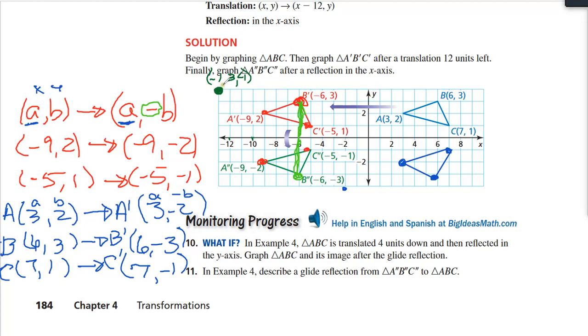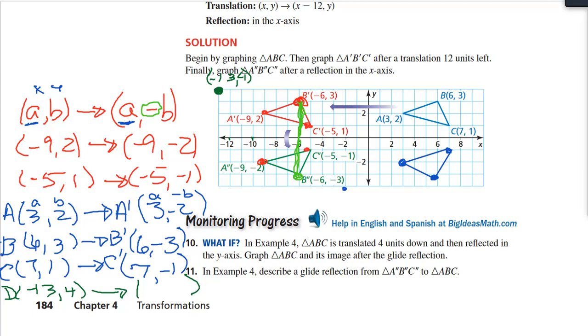Okay, so if I have negative 13, 4, what is the reflection of that point? Across the x-axis. Yes, thank you, Vianney.